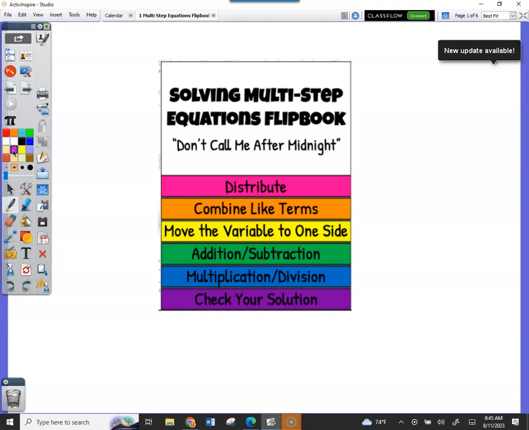That's just there in case you need something to help you remember what to do. If you think of it as an acronym, DCMAM: D for distribute all terms or numbers that need to be distributed, combine like terms, move things to the other side, start adding and subtracting, multiplying and dividing, okay?